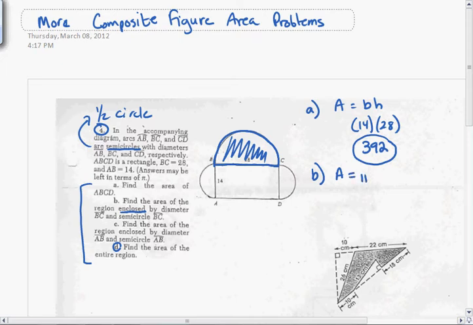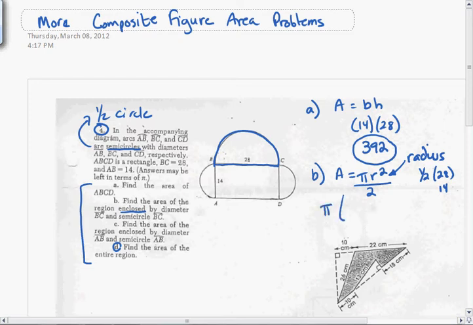Area equals pi times the radius squared, and then I'm going to divide that area into 2 equal parts. So I just need half of that area. The diameter is 28, but r, of course, is the radius, which means I just need 1/2 of the diameter. So I'm just going to need 1/2 of 28, or 14. 14 is what I'm going to plug in.